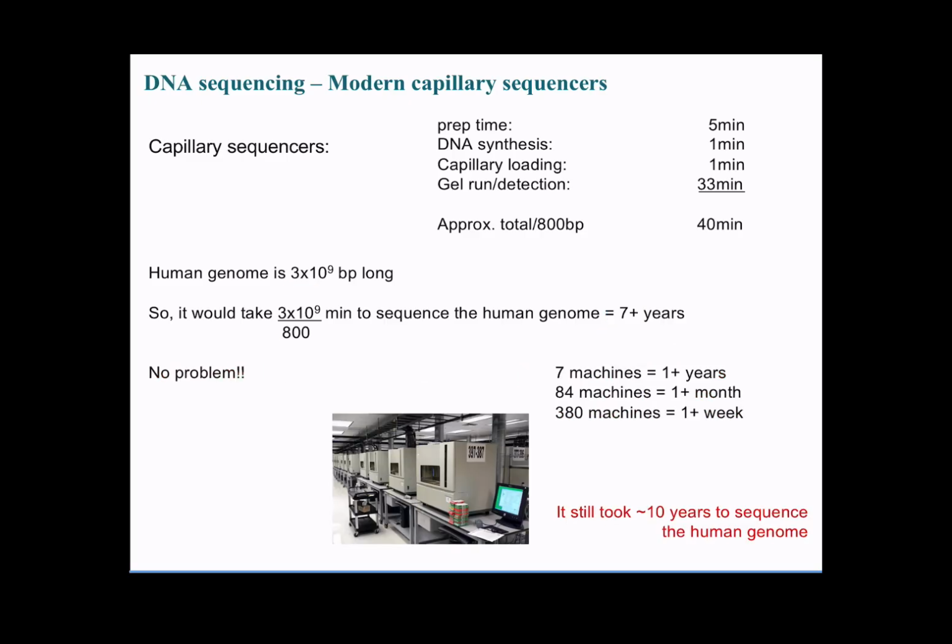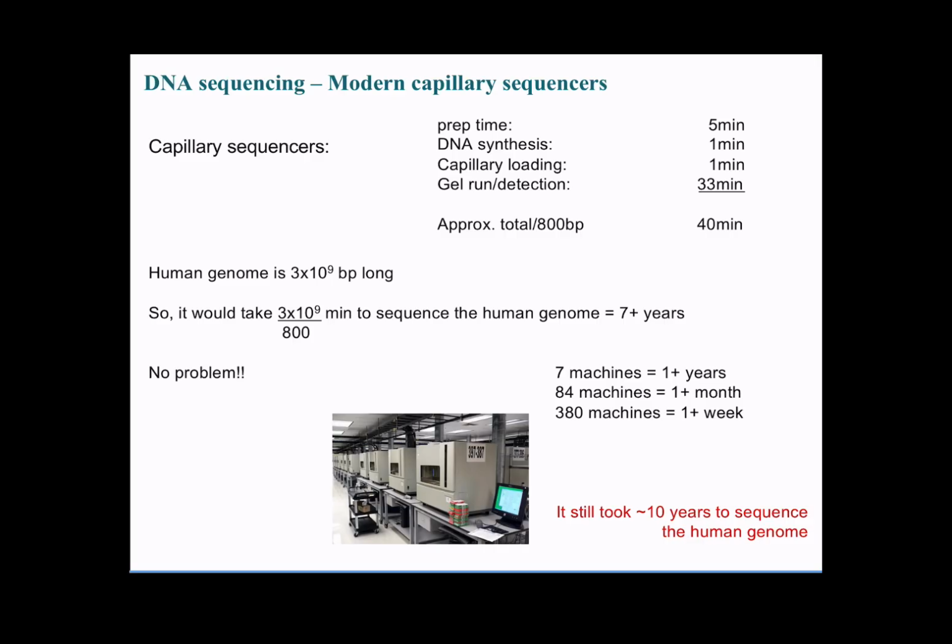Let's do the math. If we use 7 machines, it takes more like a little over a year. If you use 7 times 12, so the number of months, it should take a little over a month. And if you do 7 times 52, meaning the number of weeks, it should take about a little over a week, right?